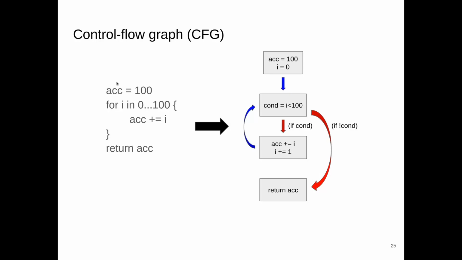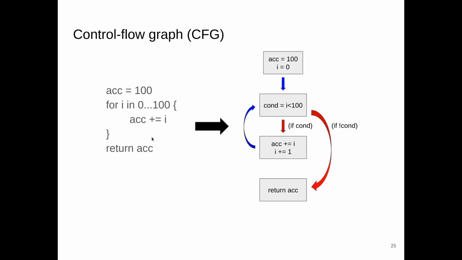For example, in this line, it is going to store 100 to a variable called ACC, the shorthand notation for accumulation variable. And in this for loop, it is going to loop 100 times, adding this I to ACC. And after this loop, it is going to return the accumulated value.